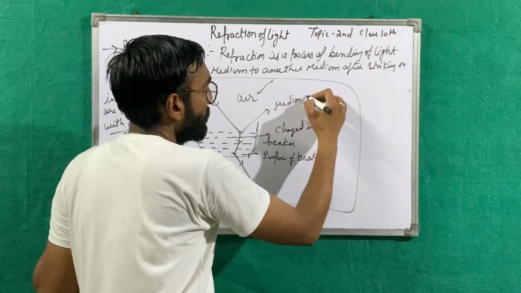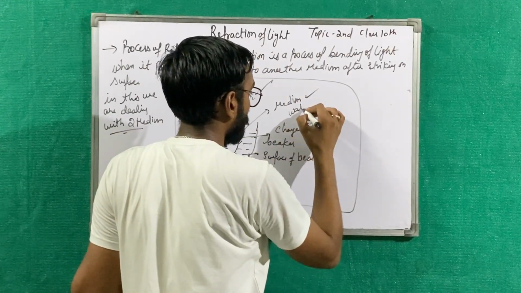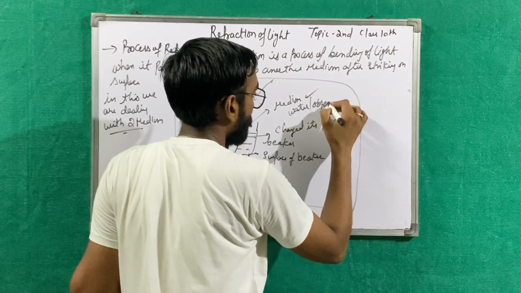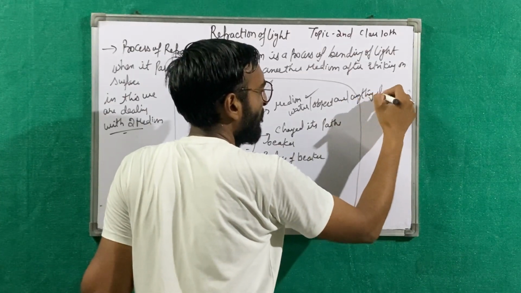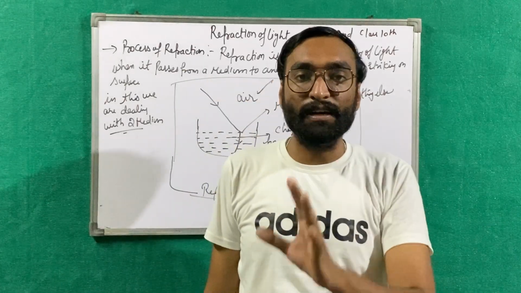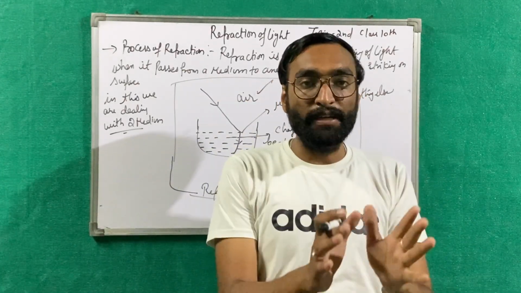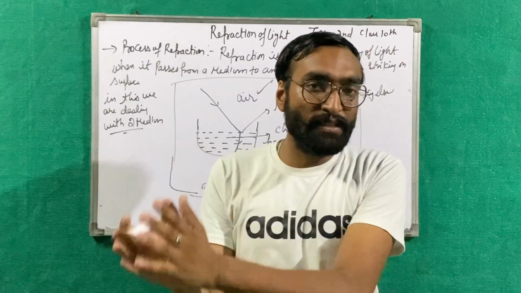One medium is air, and the second medium is something like water, an object, or anything else that can transmit light. The light goes from a rarer medium to a denser medium.